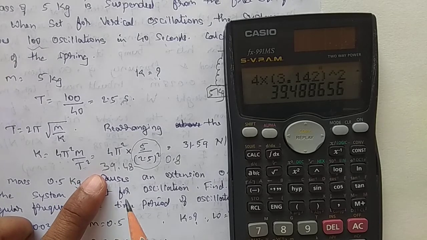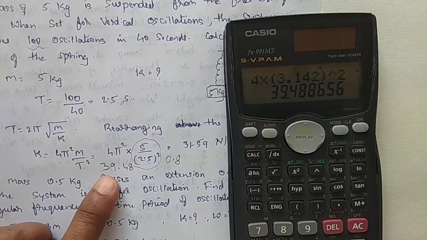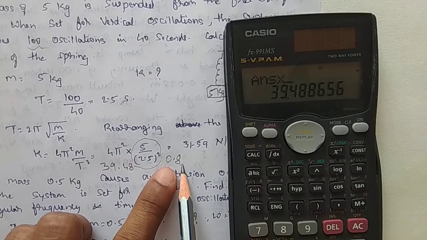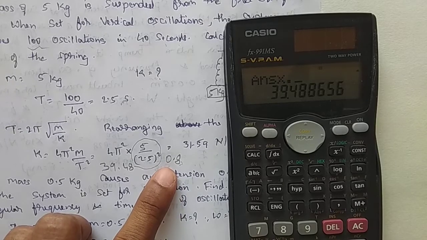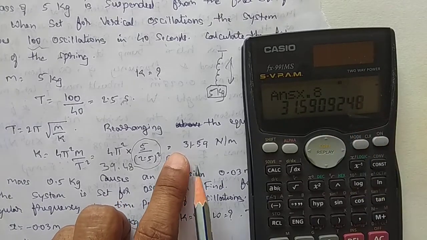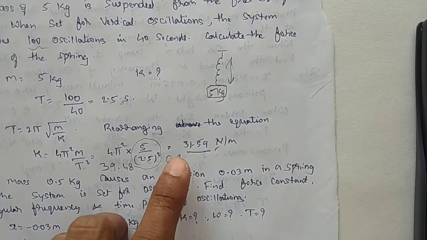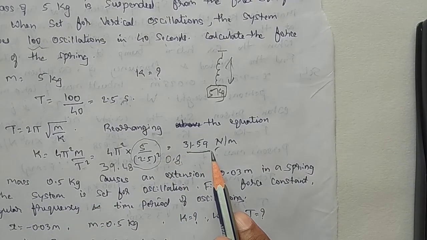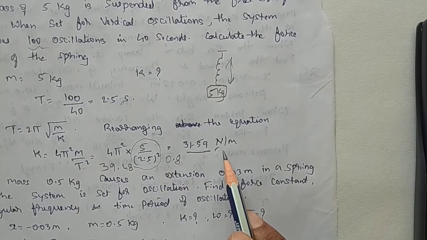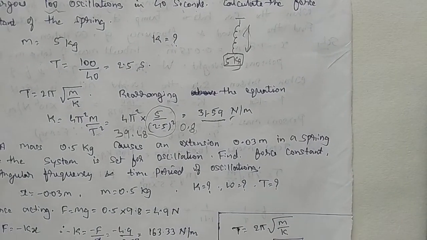Now we have to multiply these two, so this answer into the previous answer 0.8. So it comes to be 31.59. Yes, this is the spring constant, that is 31.59 Newton per meter. So this is how to find out the spring constant.